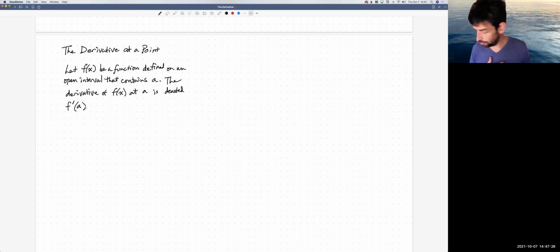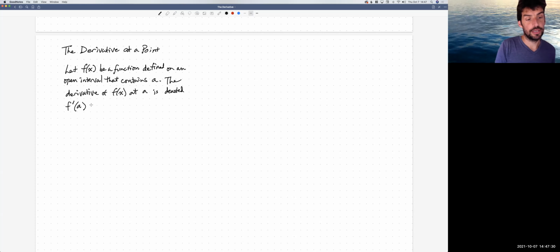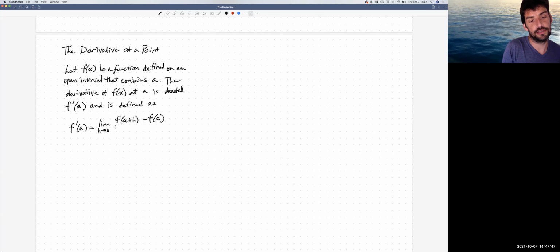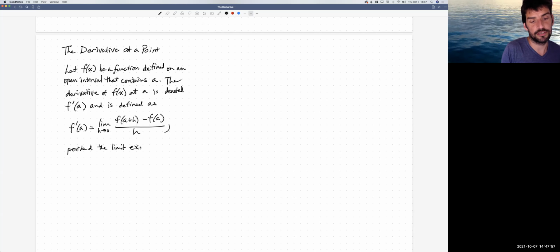These are different ways we refer to it, and is defined as f prime of a is equal to the limit as h goes to 0 of f of a plus h minus f of a all over h, provided the limit exists.